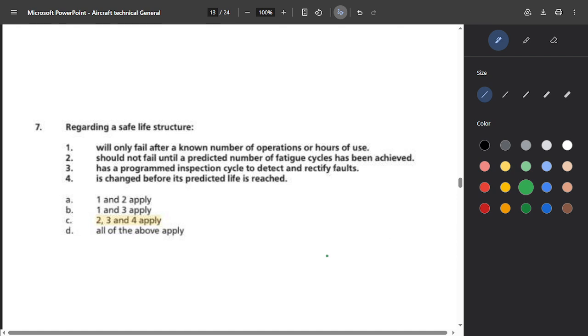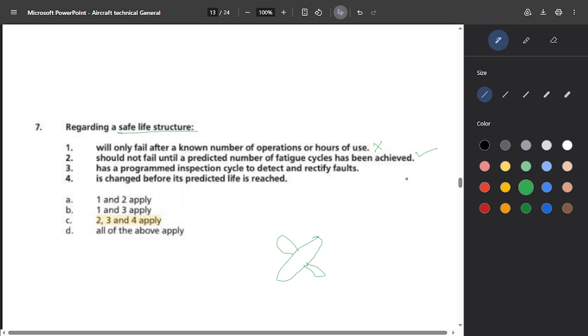Question number 7. Regarding a safe life structure. What is safe life structure? Option 1, will only fail after a known number of operations or hours of use. See, for a structure of the aircraft, we don't let the structure of the aircraft fail at any time. So option 1 is wrong. Option 2, should not fail until a predicted number of fatigue cycles have been achieved.